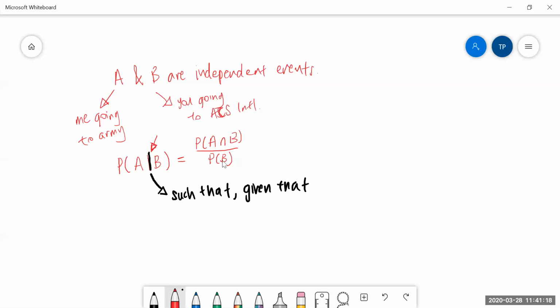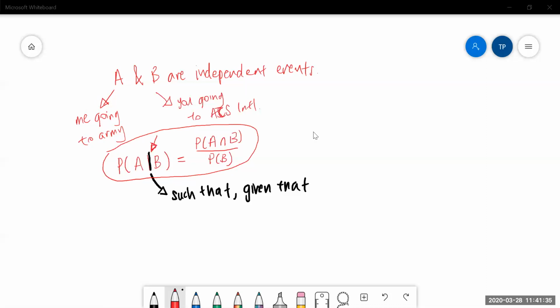Now this is for the case where they are not independent. But when they are independent, just imagine the probability of me going to army given that you are going to ACS International. We don't affect each other, right?